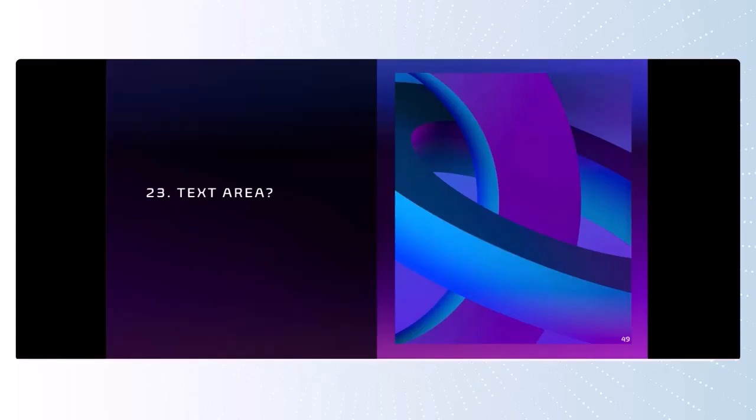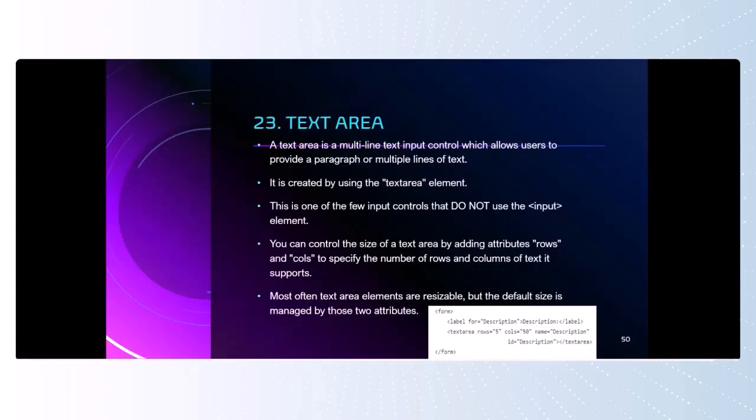What is a text area? A text area allows for multiple lines of text. So if you're allowing the user to input more, to maybe describe something or write more information, you give them a larger area than just a text box, which is one line.